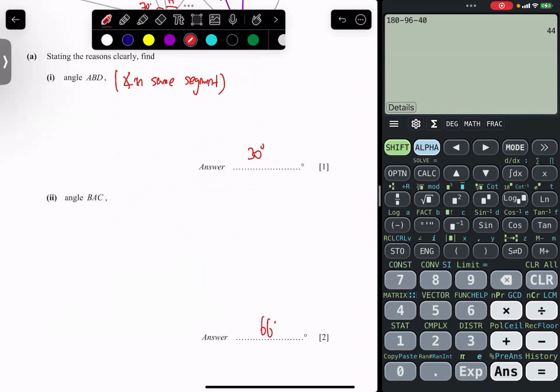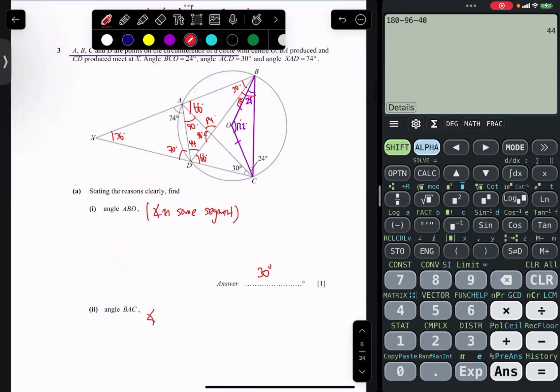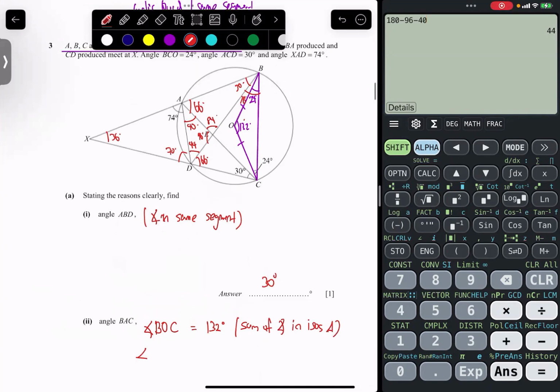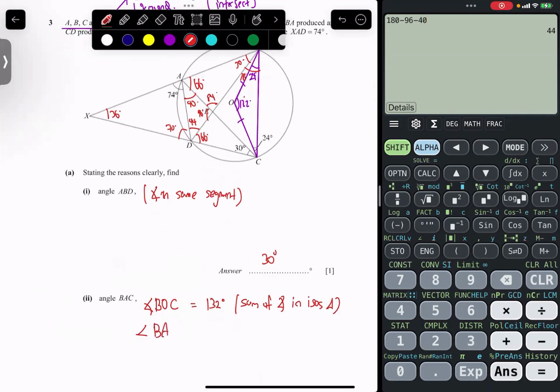Reason: angle BOC equals 132 degrees, sum of angles in isosceles triangle. So angle BAC equals 132 divided by 2, which is 66. Angle at center equals 2 times angle at circumference.